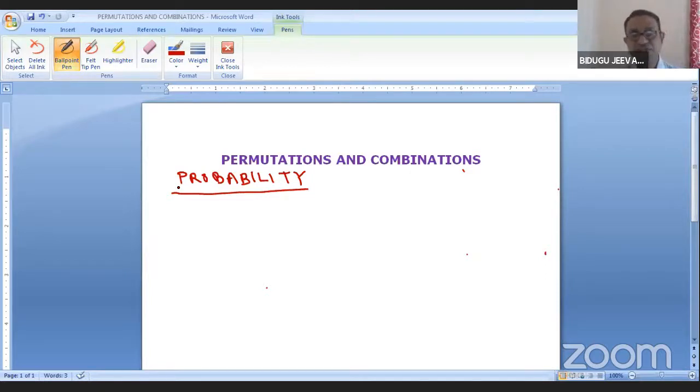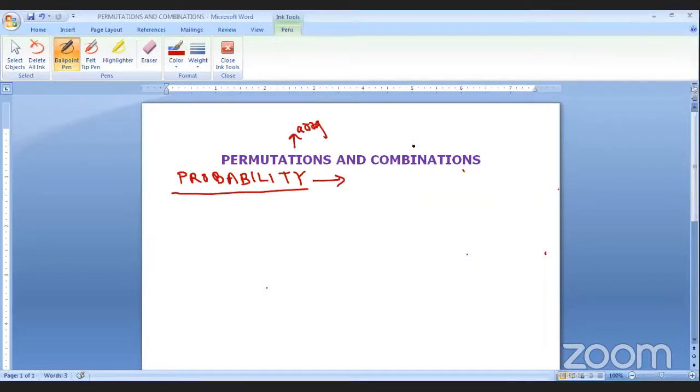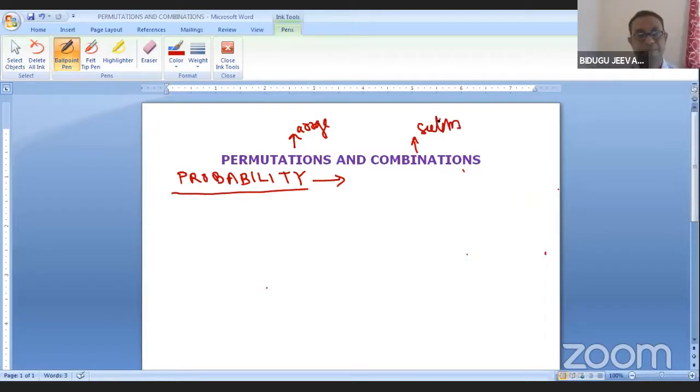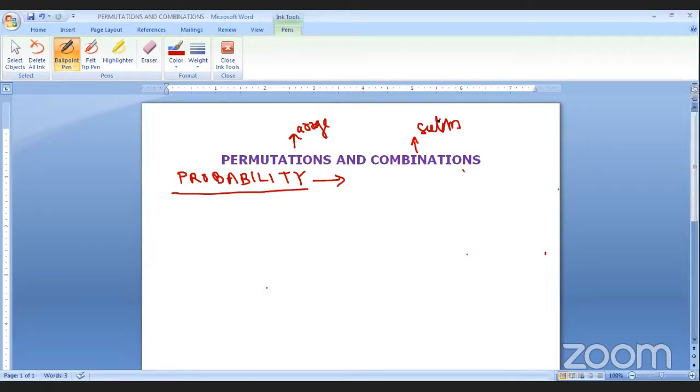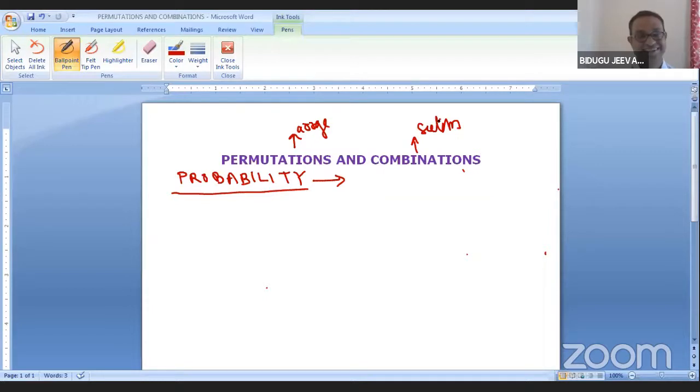Now, what is the meaning of probability? This is, I said, arrangement. It is, I said, selection. What is probability? Possibility. Absolutely, it is a chance.